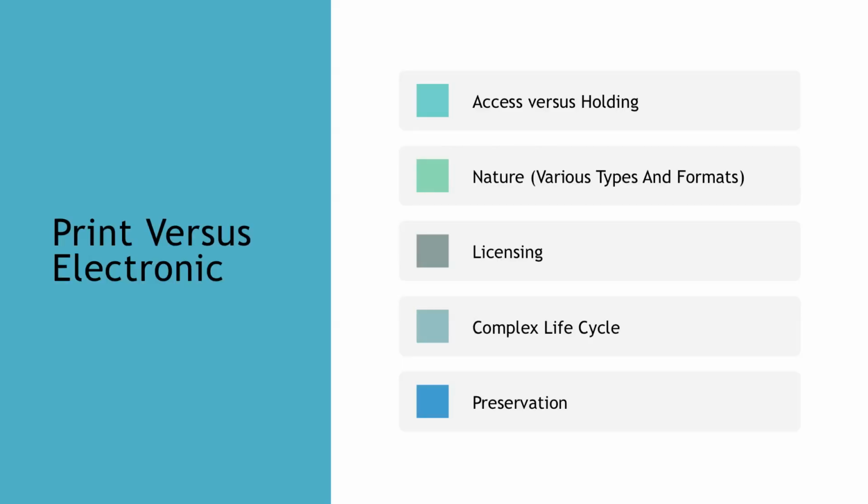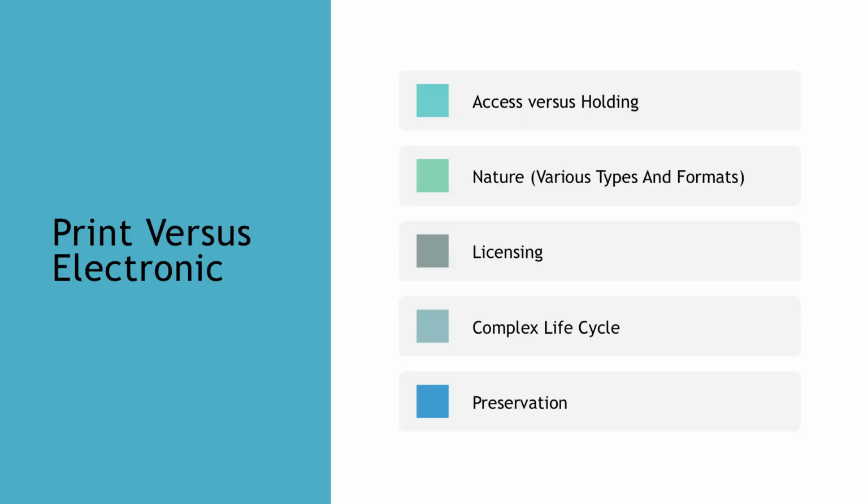Now, the third important thing is licensing. You see, we do not have any phenomenon like licensing associated with print resources, because when we purchase print resources, we keep them in the library and those print resources become our property. That means, they become the property of the library.